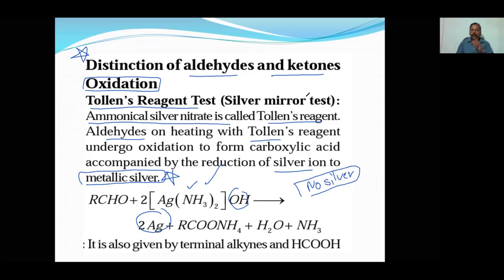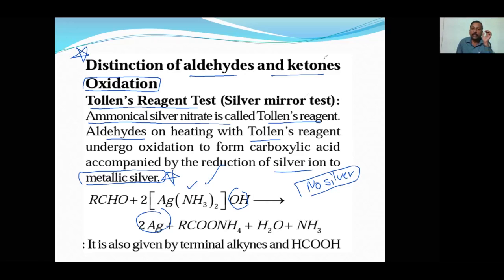Tollen's test, chemical name is ammoniacal silver nitrate, and if aldehyde is there, it will form a silver mirror. If ketones are there, no silver mirror; aldehydes, silver mirror. That's it, very simple.